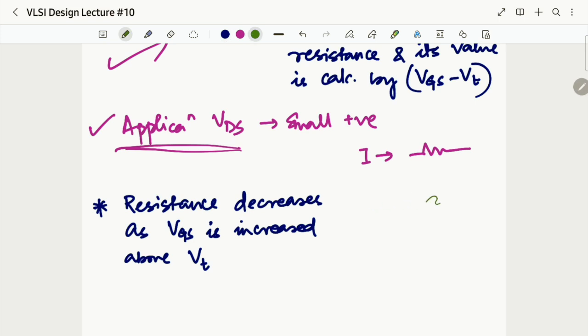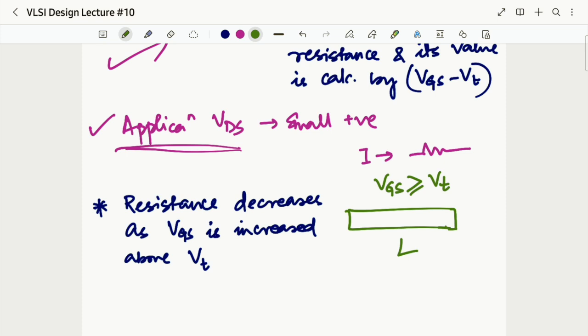If I keep enhancing my channel, means VGS is much greater than VT, let's suppose VT is 5 volts and I am providing VGS as 15 volts, so VGS is much greater than VT.